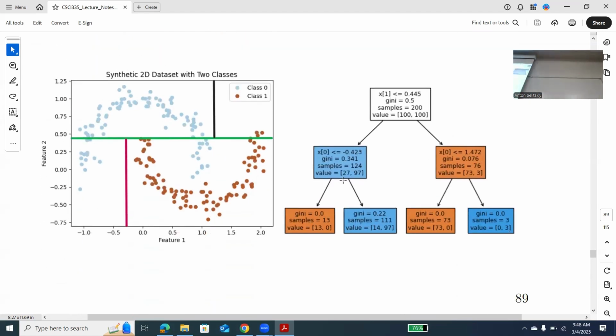Now it has value 1.4, and every point that has the first component smaller will be classified as class 0, and with the first component greater as class 1. And here we have the predictions in the leaves.